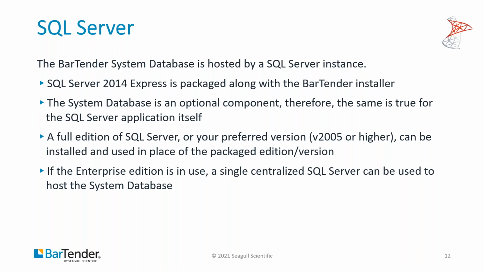Nevertheless, those newer versions are supported, and of course it can be of any edition. It does not have to be the Express edition. It can be a full edition of SQL Server. And as I mentioned, Enterprise Edition is needed for a centralized SQL Server.